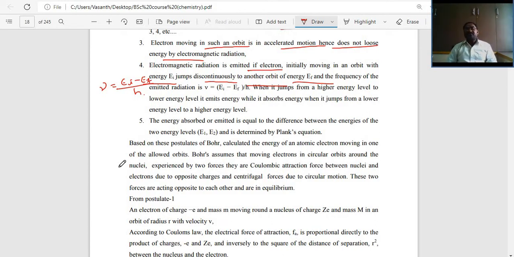When an electron jumps from a higher energy level to a lower energy level, it emits energy, while it absorbs energy when it jumps from a lower energy level to a higher energy level. The energy absorbed or emitted is equal to the difference between the energies of the two energy levels and is determined by Planck's equation.